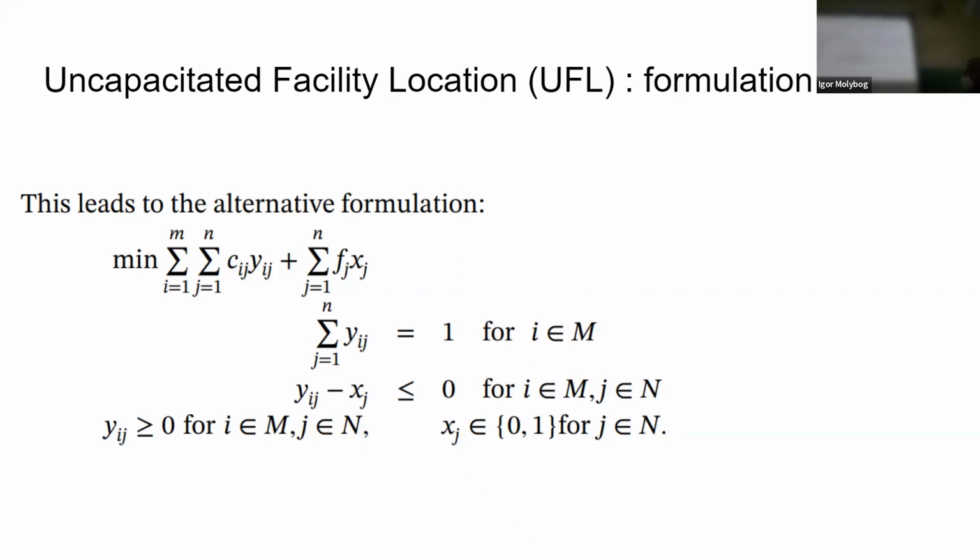Otherwise, if j is not equal to 1, then yij must be equal to 0 because it's bounded by xj, which is 0. And also you know that the summation over j's of yij must be equal to 1. Therefore, from this fact, you know that yi1 must be equal to 1 for all i's.